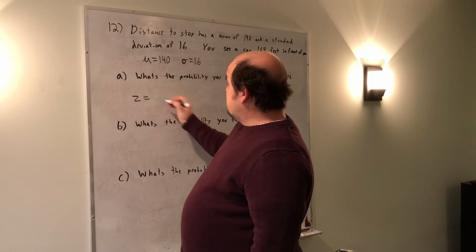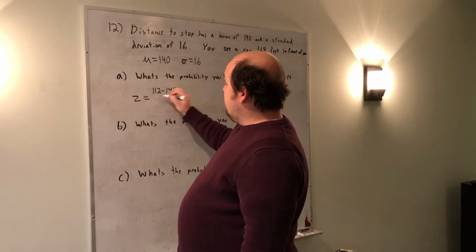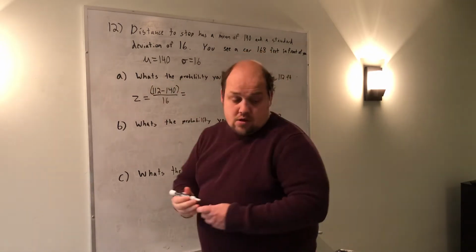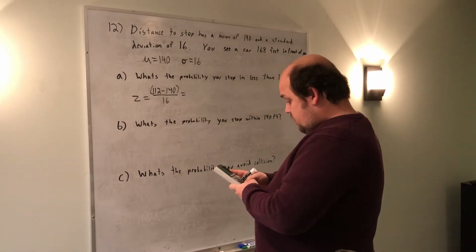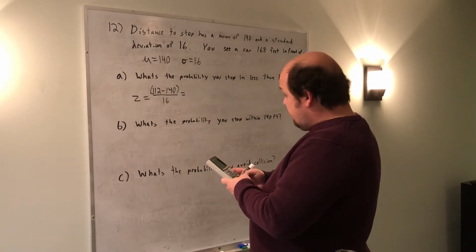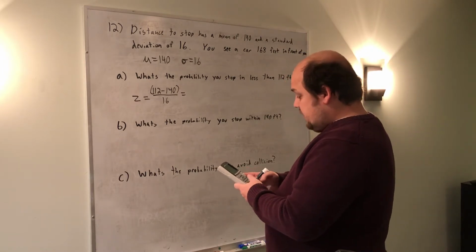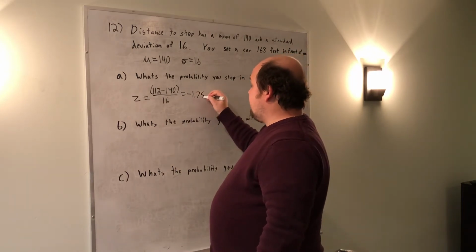To find the z-score for this situation, we take the 112, subtract the mean of 140, and divide by the standard deviation of 16. When I put this in my calculator, parentheses 112 minus 140, and parentheses divided by 16, that gives me a z-score of negative 1.75.